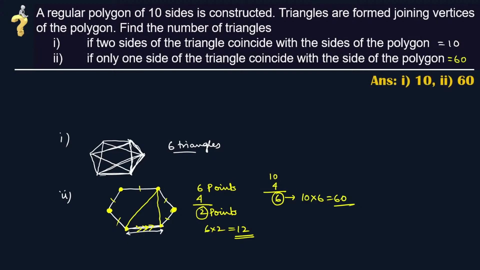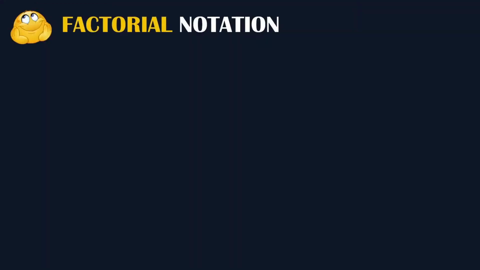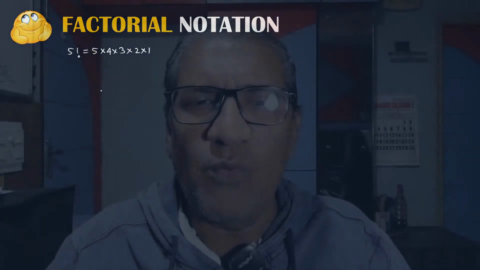Is it clear? So now let's move to the next concept in this lecture, which is factorial notation. What do we mean by factorial notation? If I say factorial 5, it is basically 5 into 4 into 3 into 2 into 1.